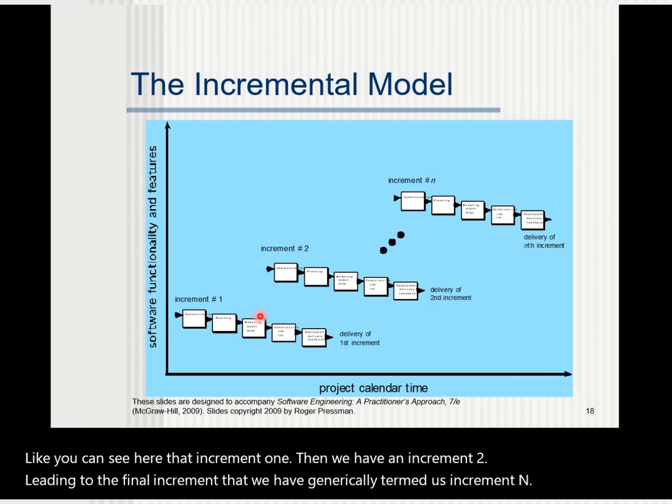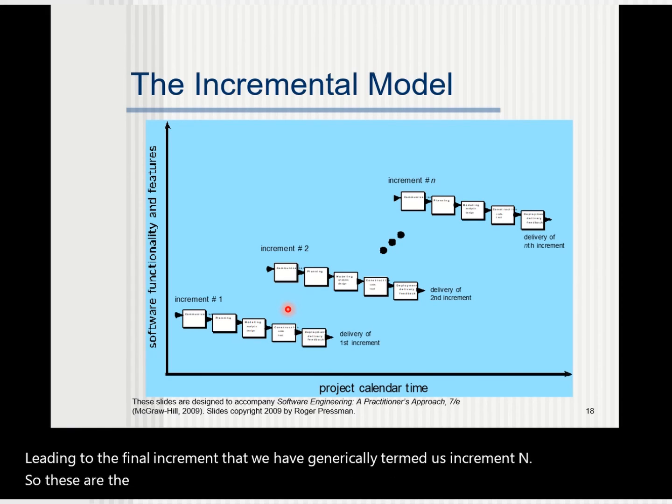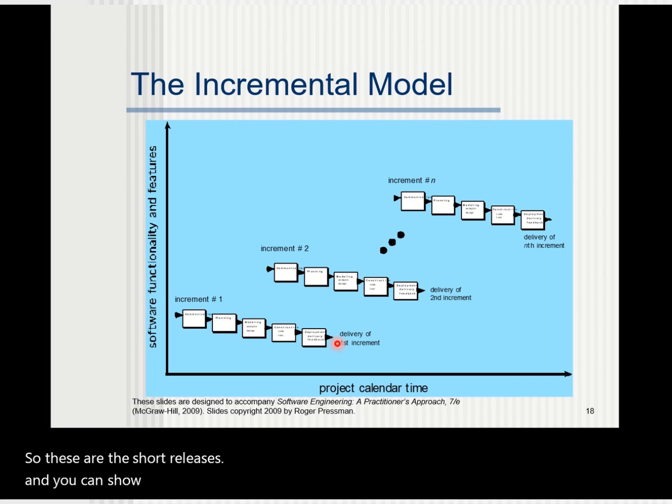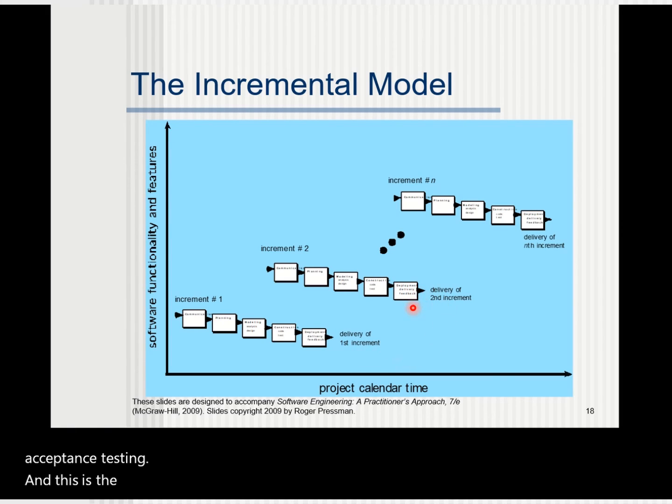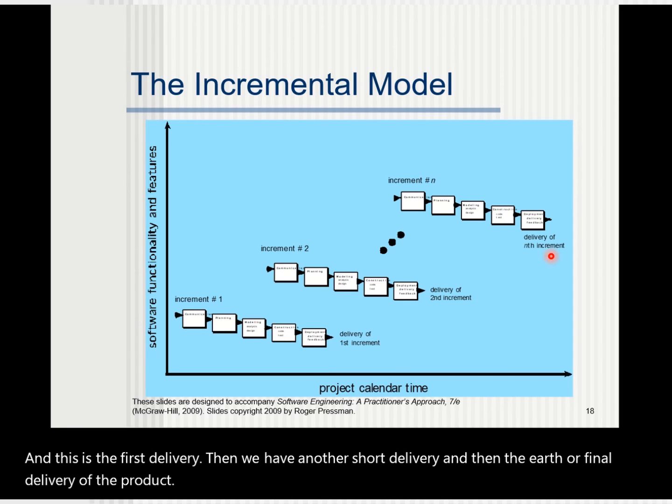So these are short releases, and you can show the end product to the user for requirement conformance, or you can say acceptance testing. And this is the first delivery, then we have another short delivery, and then the nth or final delivery of the product, that is the final release of the product.